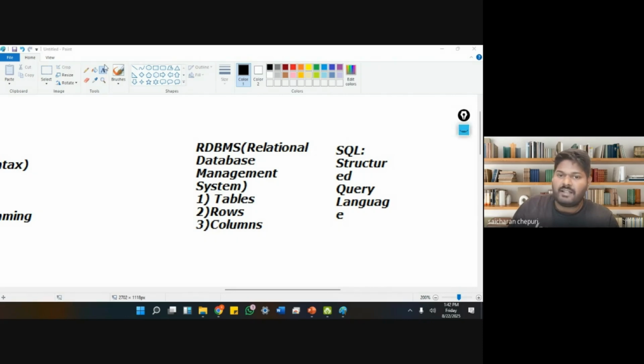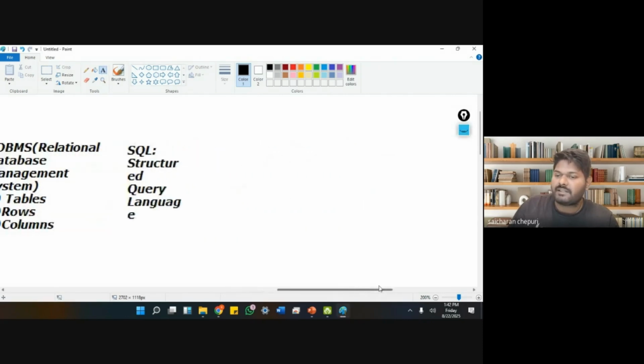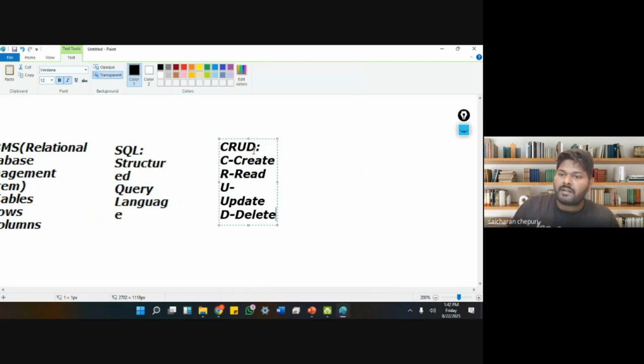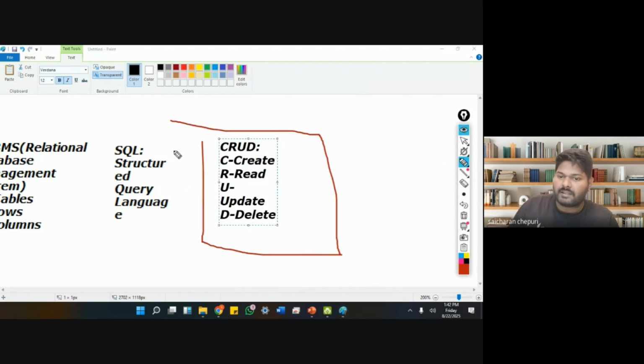So let's discuss the CRUD operations as well. CRUD: create, read, update, and delete.